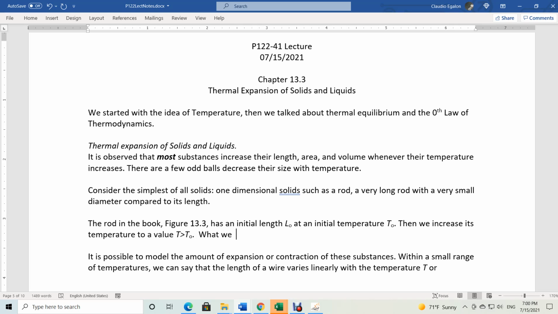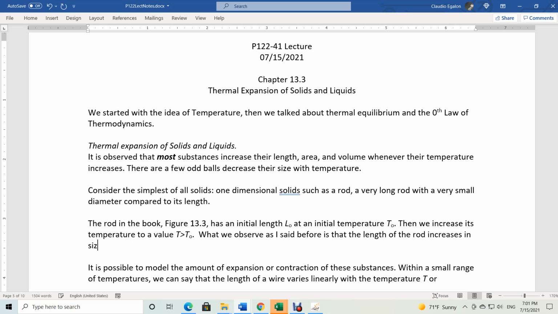What we observe, as I said before, is that the length of the rod increases in size from L naught to a length L, where L is greater than L naught.